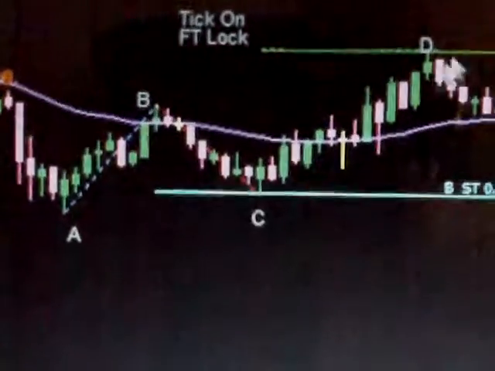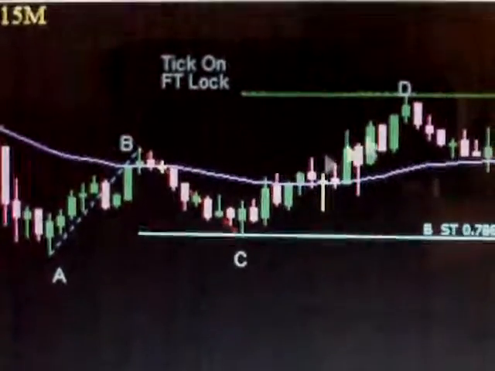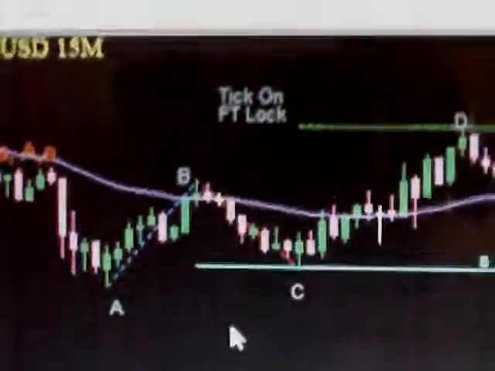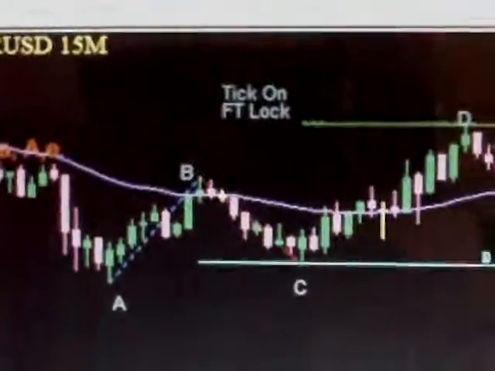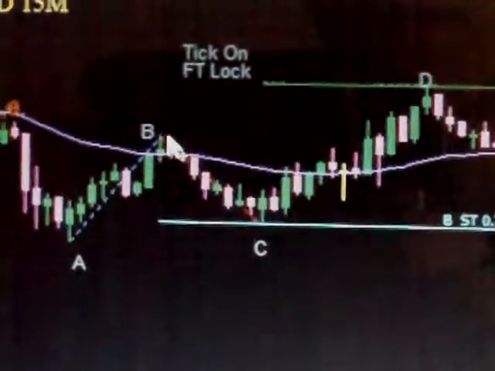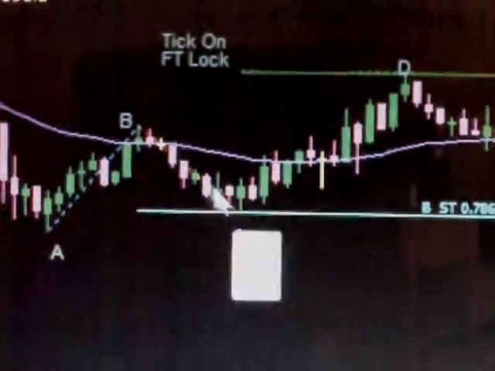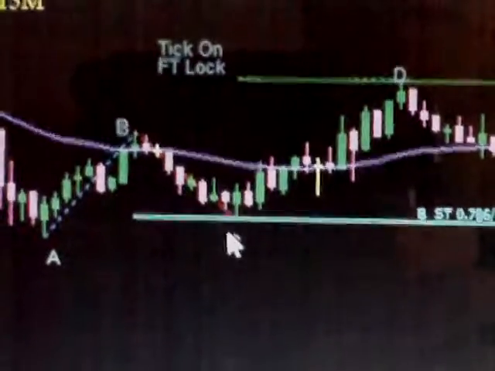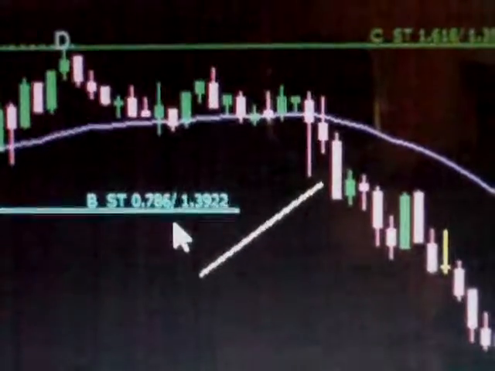The 15-minute has this same A, B, C, D, which turns out to be a corrective rally in the context of that larger downtrend we saw on the 1 hour. A to B makes a rally, and then it resumes the decline, but the decline terminates at the 7A6.